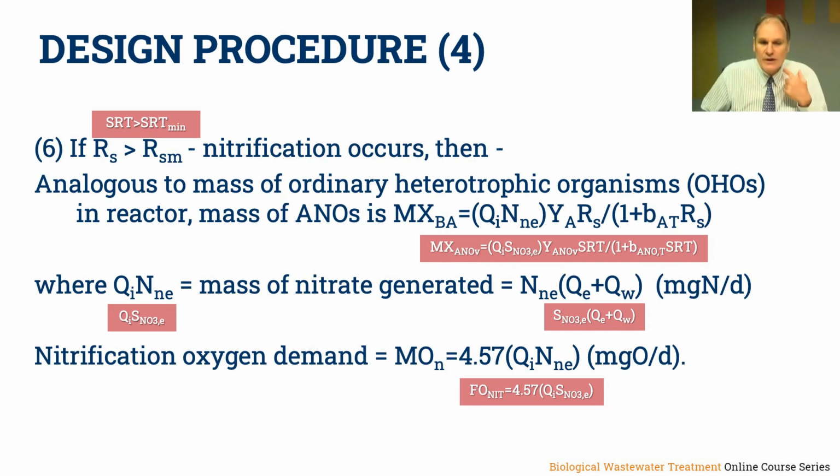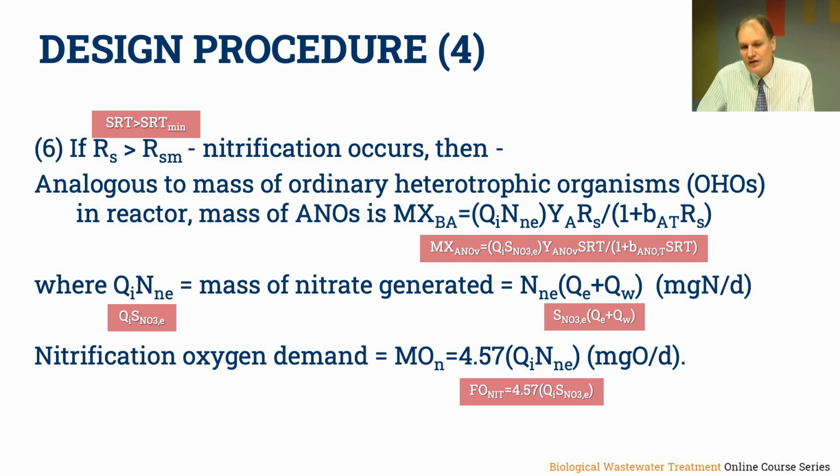Then when we have our sludge age longer than the minimum sludge age, of course, then nitrification occurs, and then analogous to the mass of ordinary heterotrophic organisms that we have in the reactor, the mass of ammonia nitrifying organisms is equal to the kilograms of nitrate generated, that's concentration of nitrate produced, times flow rate, gives kilograms of nitrate produced per day, times YRS over 1 plus BRS.